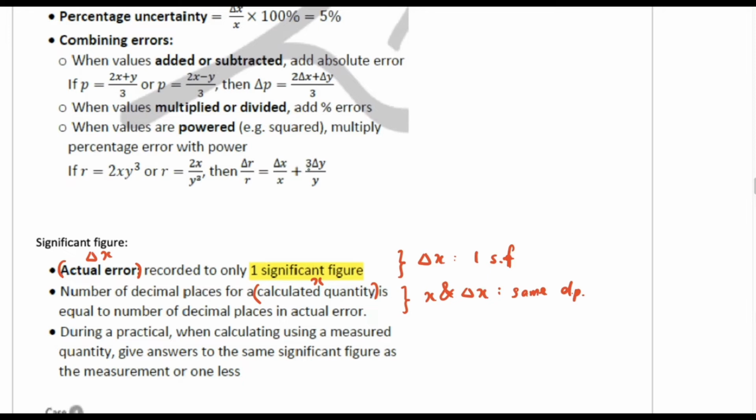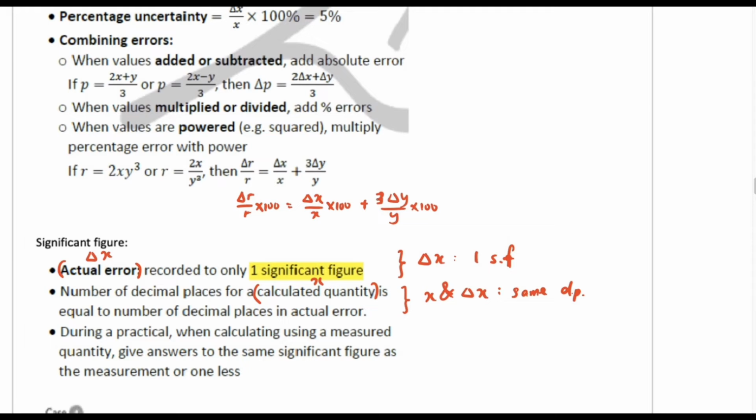Okay. So of course, if you are using percentage uncertainty, then it is going to be like this: delta R over R times 100 as percentage uncertainty equals delta X over X times 100 plus 3 delta Y over Y times 100.